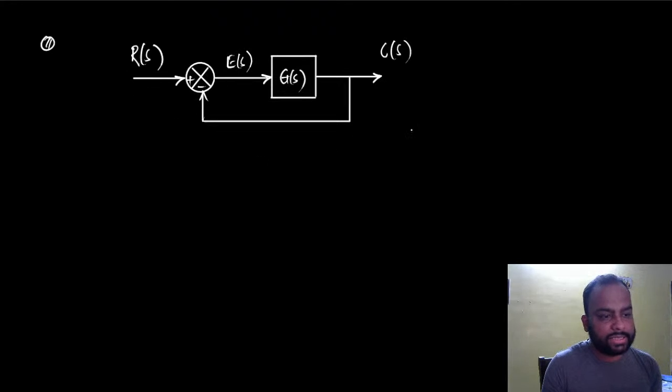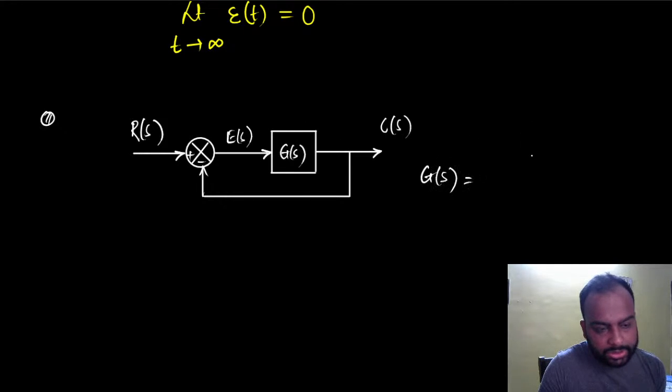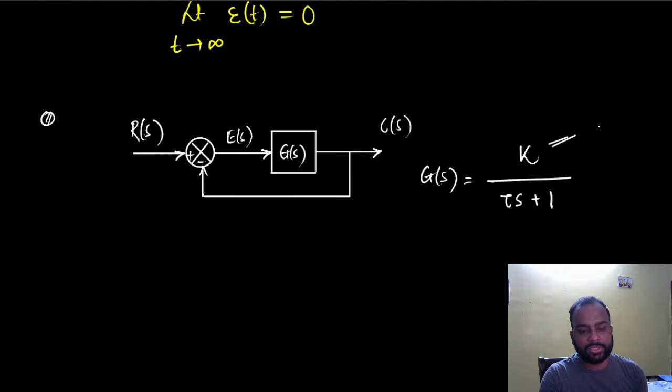Now let's say the transfer function G(s) in this one looks like K divided by (tau s plus 1). That's the way you represent first order transfer functions. So K is the final value of the response of the open loop system, or the forward transfer function itself.